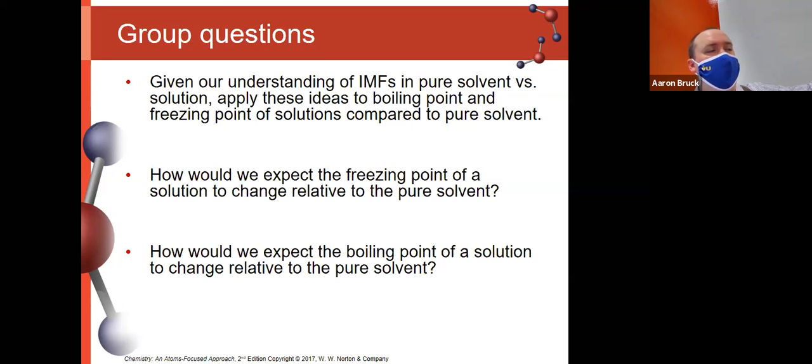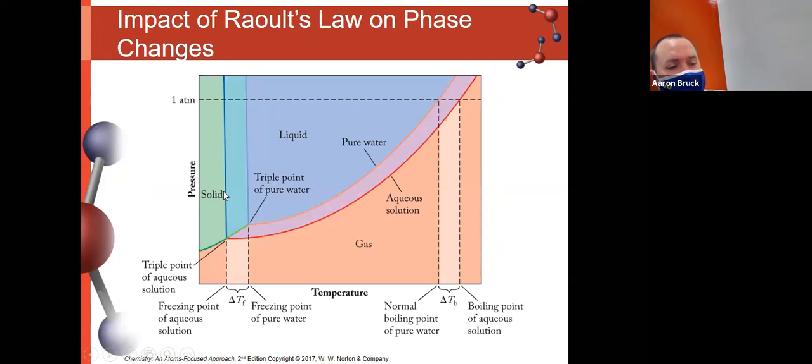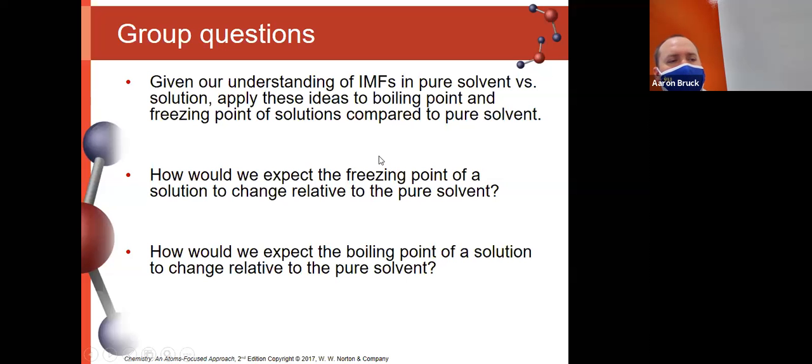Most of our discussion with intermolecular forces focused on the phase change between liquid and gas. Based on what we see in this phase diagram, there is definitely a decrease in freezing point and definitely an increase in boiling point.